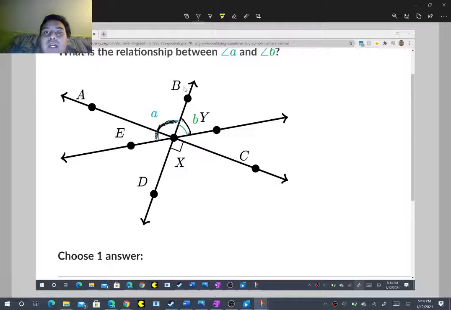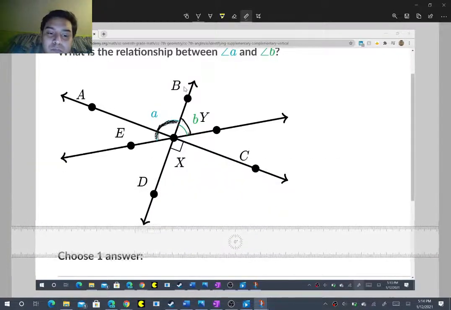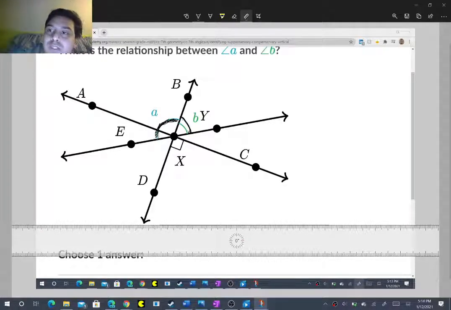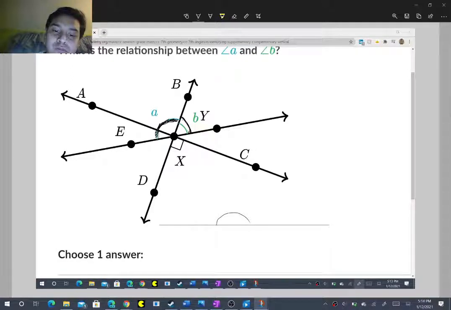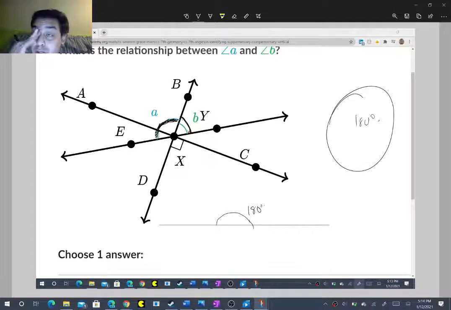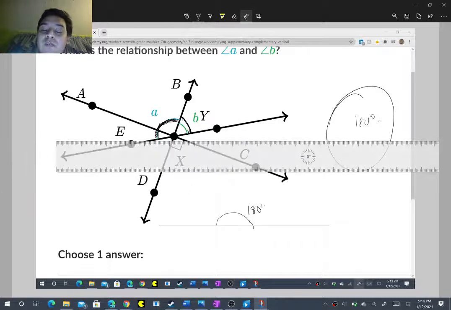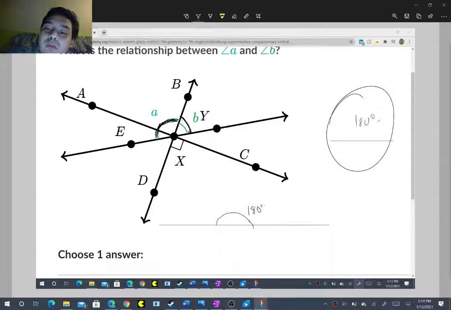Now, a straight line means 180 degrees, because if we make a straight line inside of the circle, it would be 180 degrees because it's half a circle.